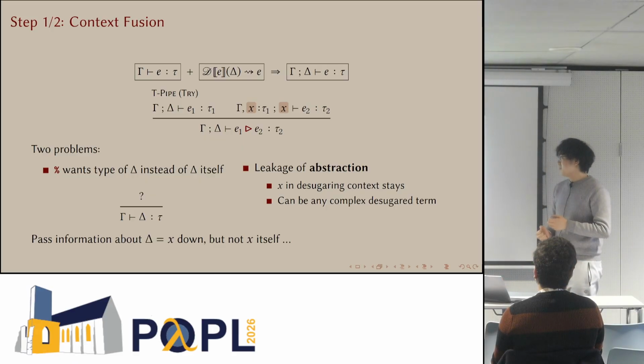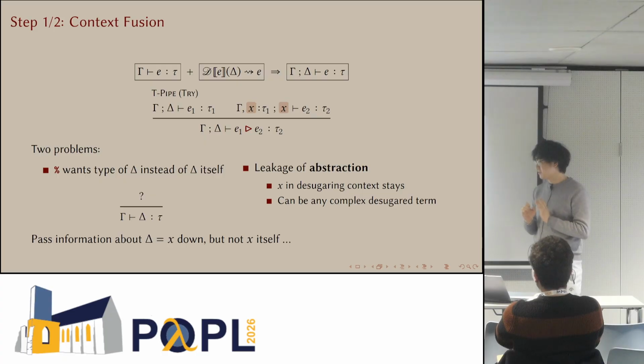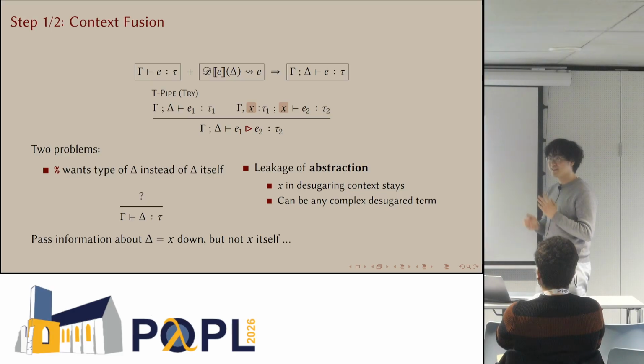So we said that we want the pipe to help the hole to desugar, to type check, but we don't need to pass down everything. We just need to pass down the relevant information, and during type checking, the information would be the type of X or the type of delta.